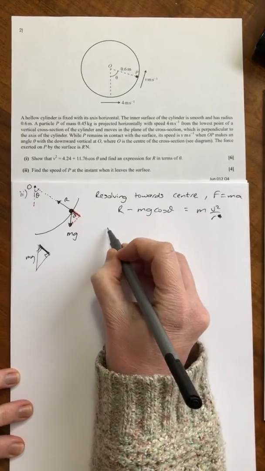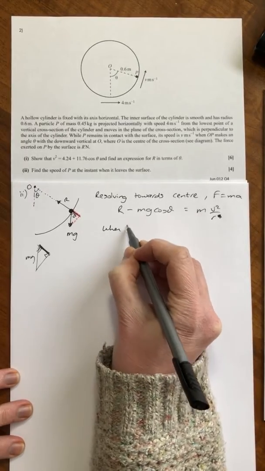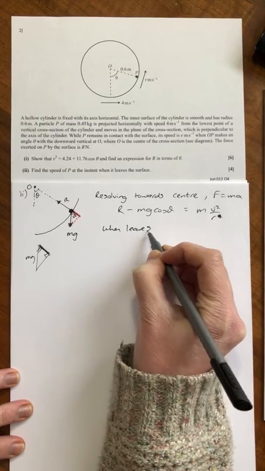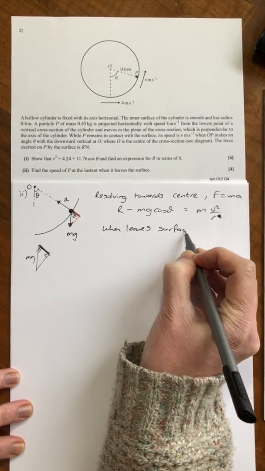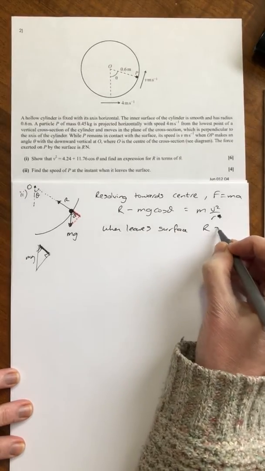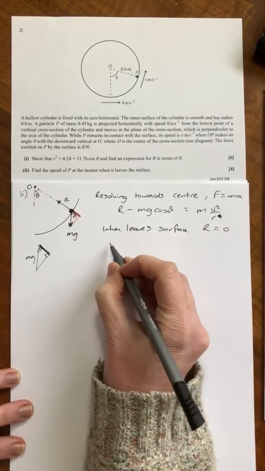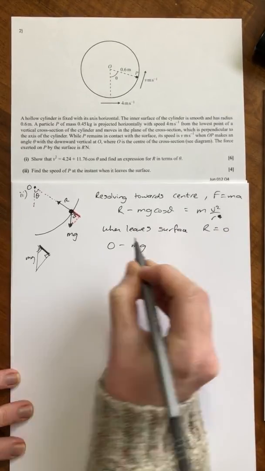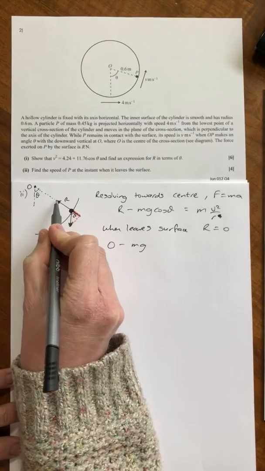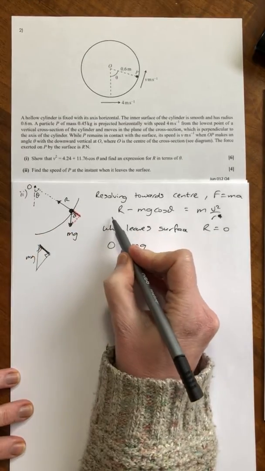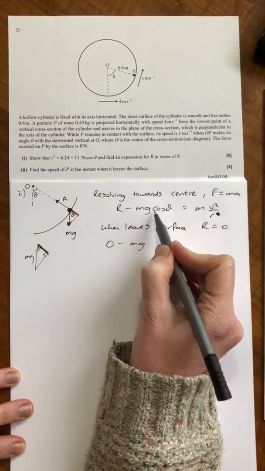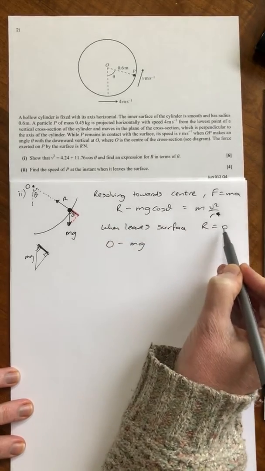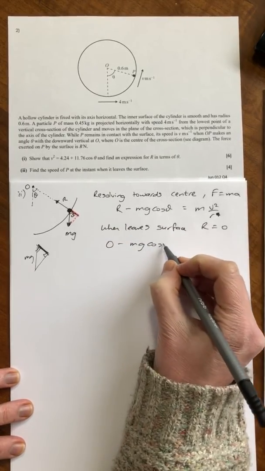But of course we know that when it leaves the surface, that is the point at which there is no contact, so R is equal to 0. You could, of course, just write that at the start, but I think it's nice to actually physically see that force in the diagram. That, of course, is still true. It's true at any point, but now I'm looking at this particular point here.